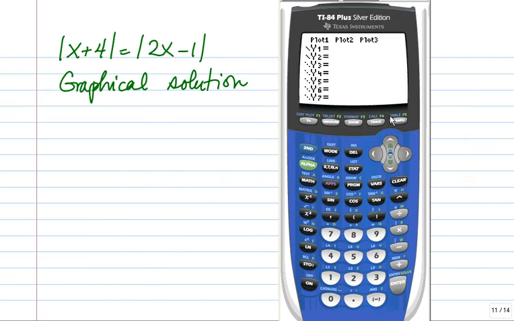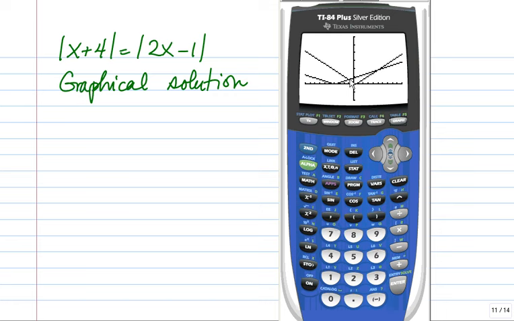To do this graphically, we have one of two methods. We can either set the absolute value of x plus 4 equal to the absolute value of 2x minus 1, and we can graph that.